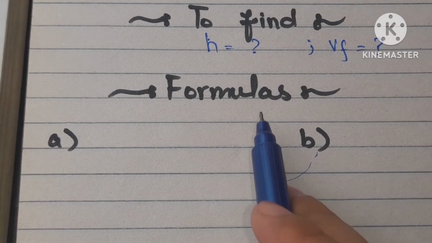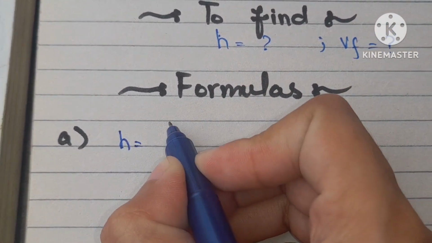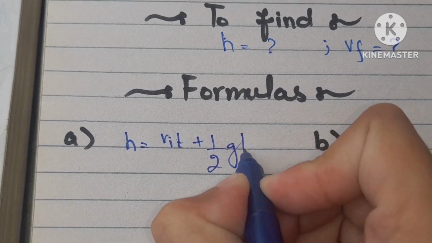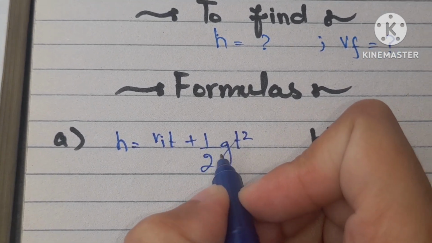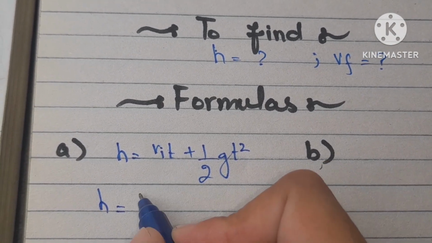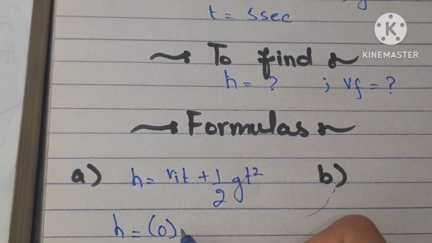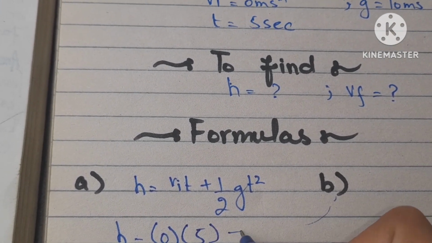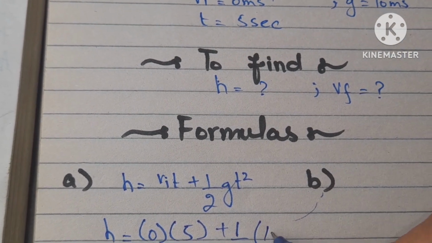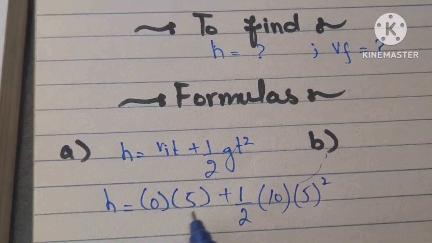To find the height h of the tower, we take the formula h is equal to Vit plus 1 by 2 gt square. It's the second equation of motion, and by putting the values we get h is equal to Vi is 0 and t is equal to 5 seconds, plus 1 by 2, g is equal to 10, and t square is 5 square.